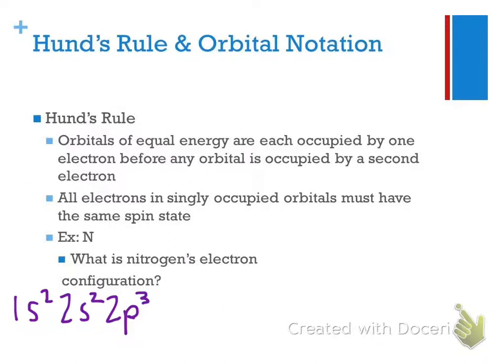We stop right here at nitrogen, and nitrogen only uses 3 of those electrons. The p orbital could fit 6, right? But nitrogen only uses 3 of them.